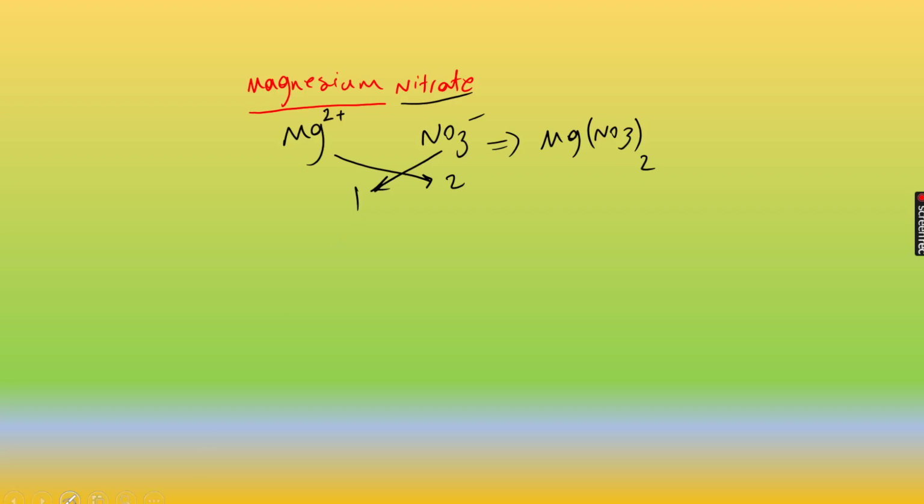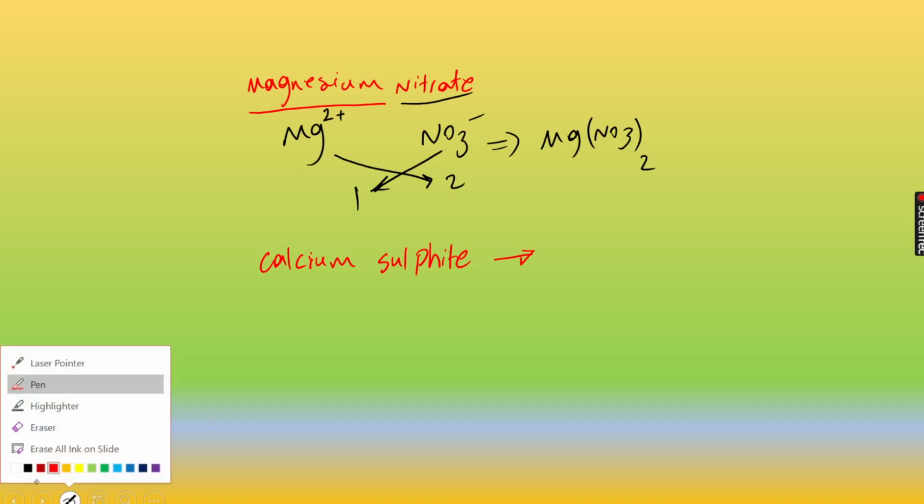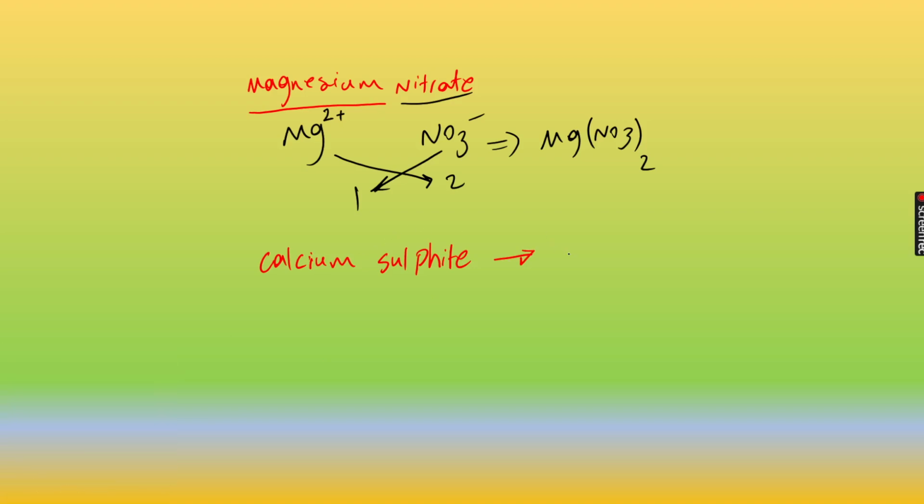Another example. You have to write calcium sulfide, for example. Calcium sulfide: calcium is Ca2 plus, and sulfide should be S 2 minus.